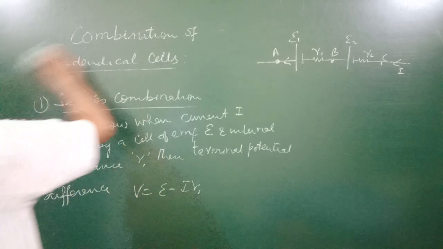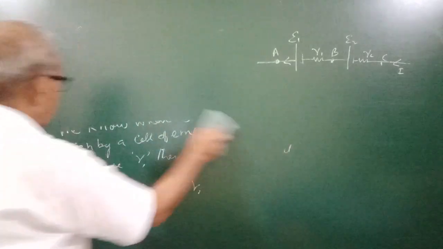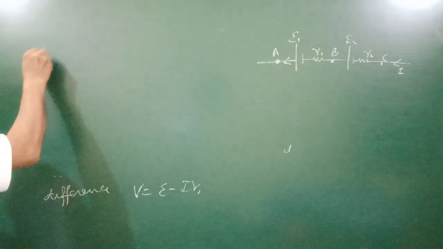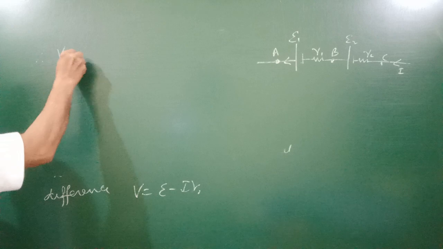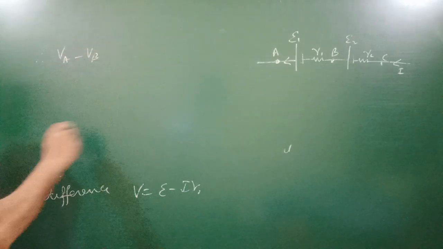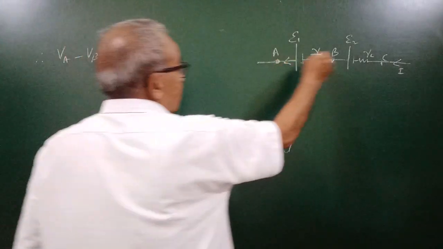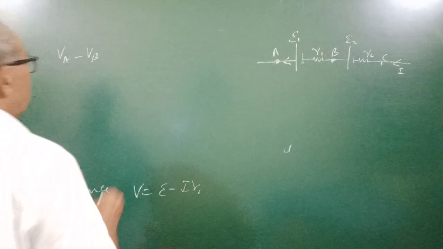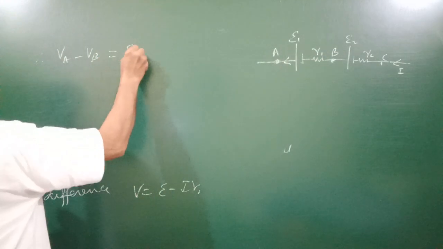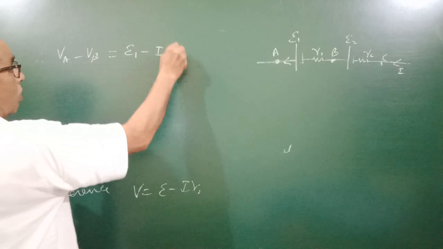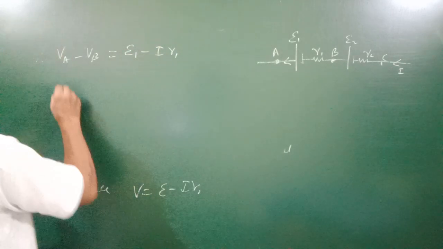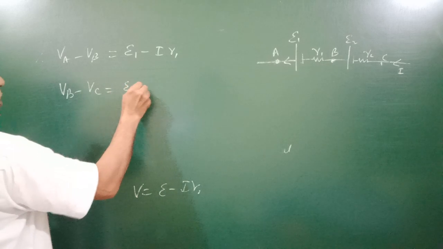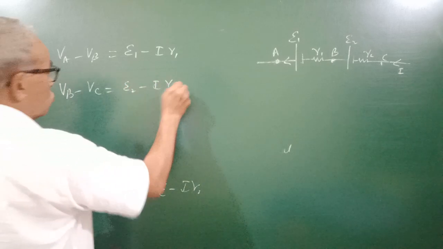So here VA minus VB is the potential difference across the terminals. It will be E1 minus IR1, and VB minus VC is E2 minus IR2.